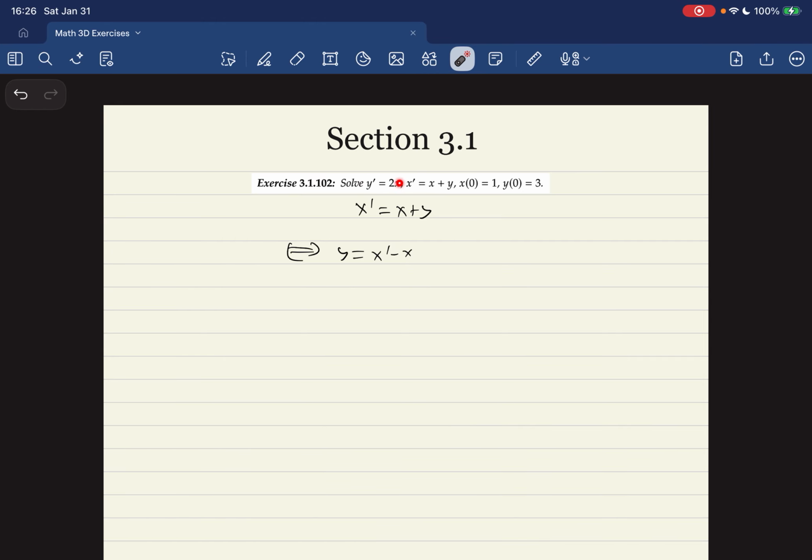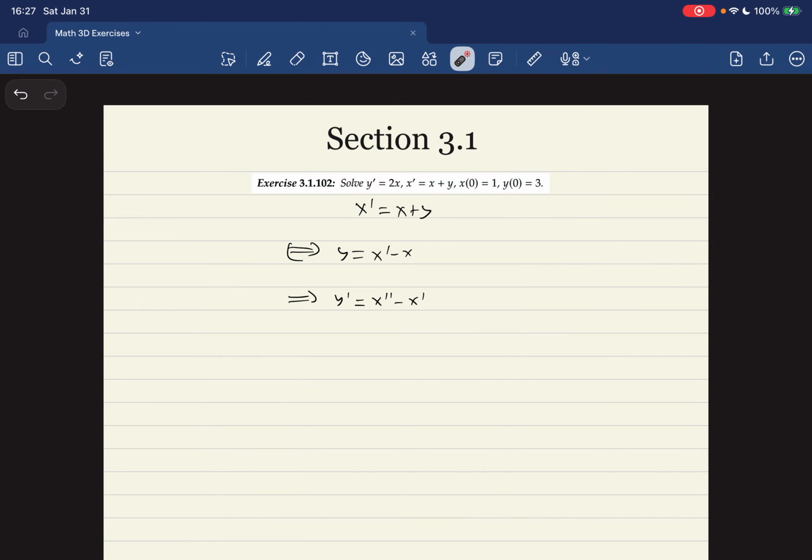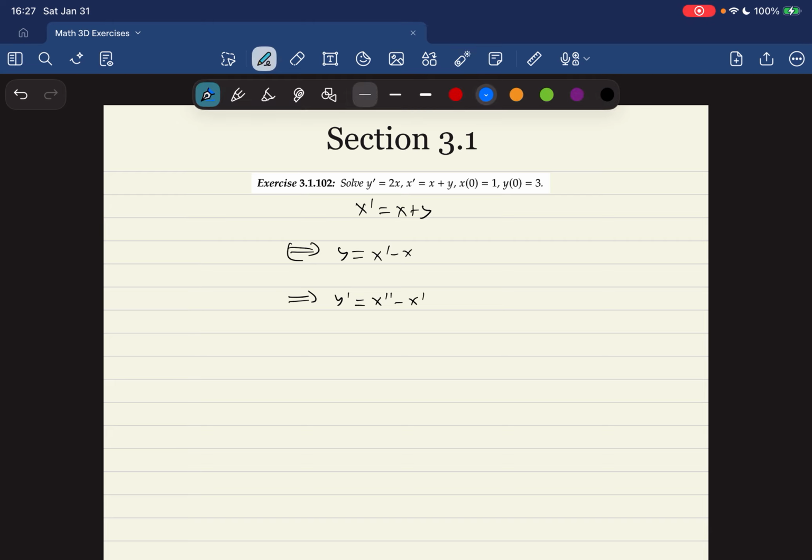Well, we know that y prime equals 2x. So, if we differentiate, on one hand, y prime, just by taking the derivative of this right side, it's clearly going to be x double prime minus x prime. On the other hand, we know that this y prime is also equal to 2x.